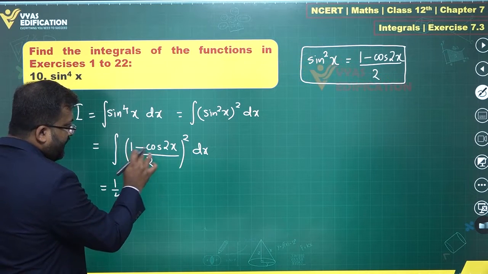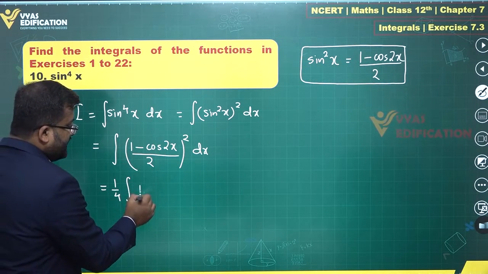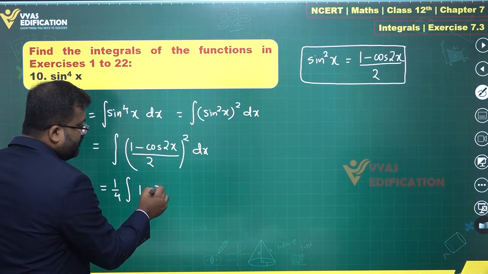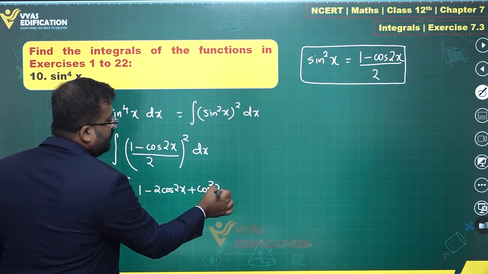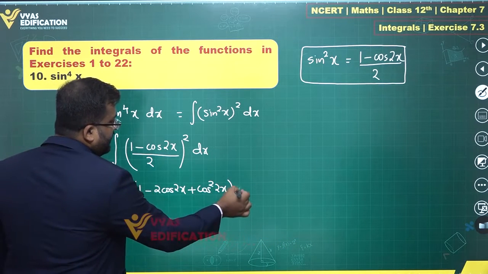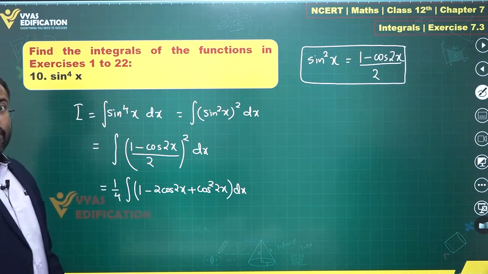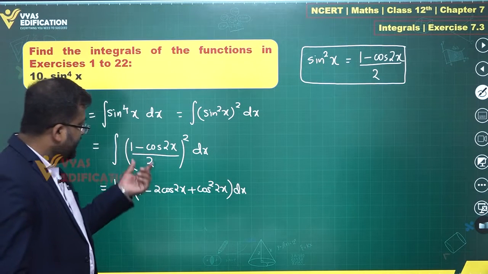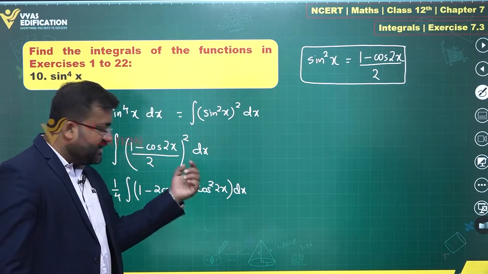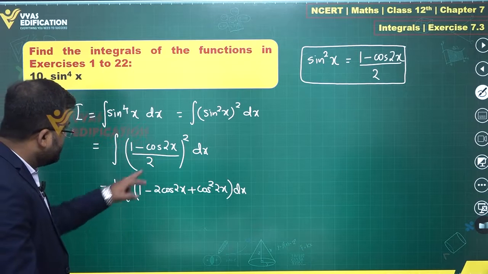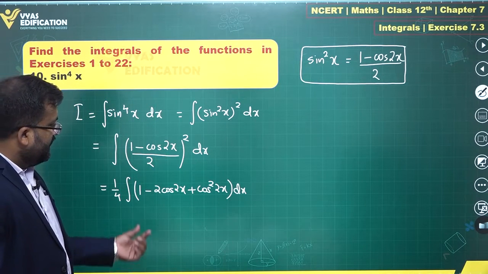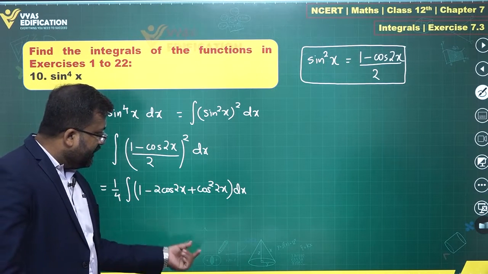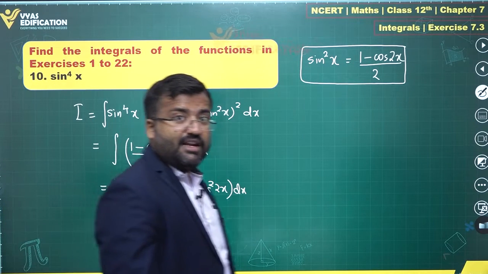The integral will have a minus b whole square, which is a square minus 2ab plus b square: 1 minus 2 cos 2x plus cos square 2x. Observe this carefully. This is what you have done. This denominator 2 converts to a 4 and comes outside. This is easy to integrate, this is easy to integrate, but this last term is still a bit difficult.